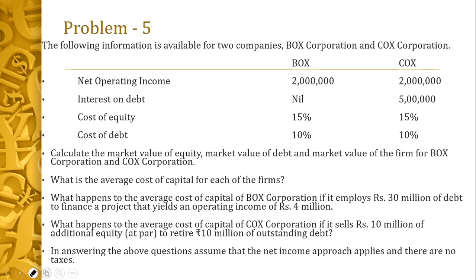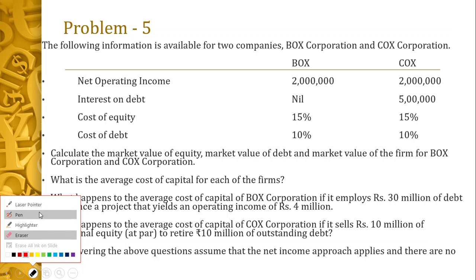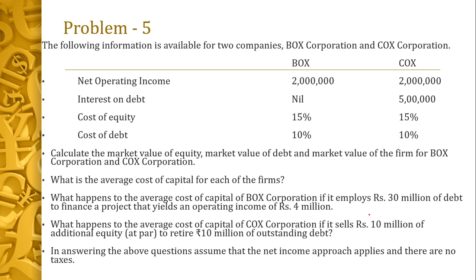Yes. Now, this particular question we'll have to answer: for Box Corporation, what happens when it brings in 30 million of debt in its capital structure? They have said that it yields an operating income of 4 million.